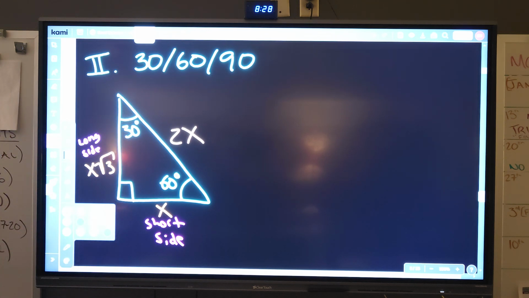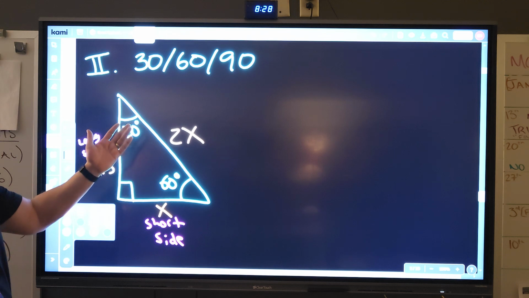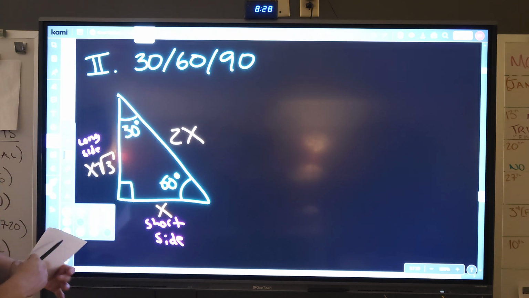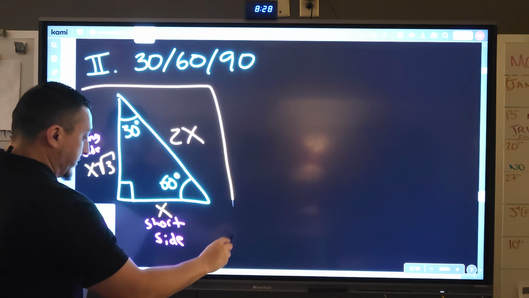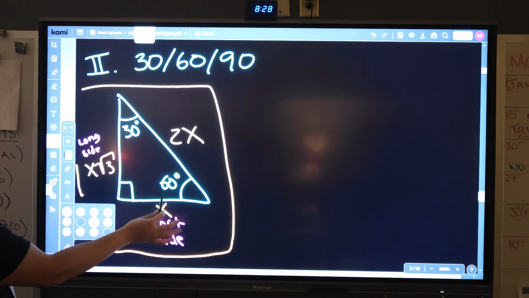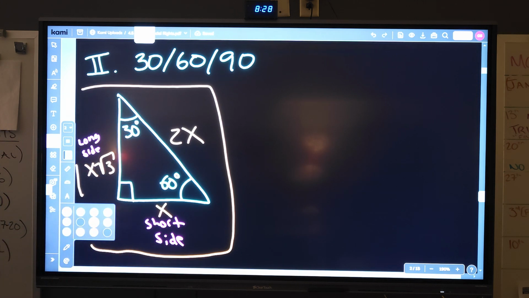A little bit different than the 45, because in the 45 both sides were the same. But here, since we have different angles, we have different sides. But those are always the same, always consistent.